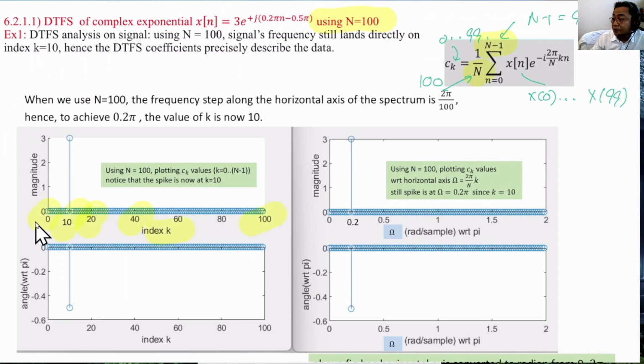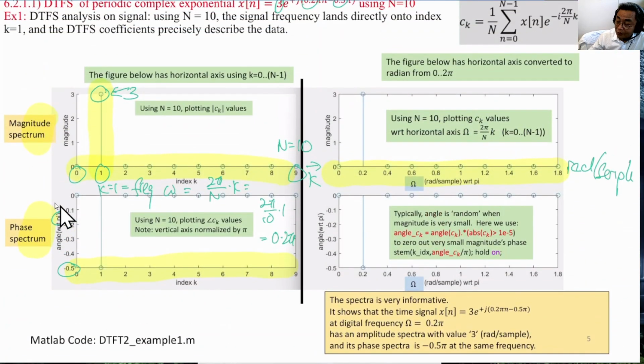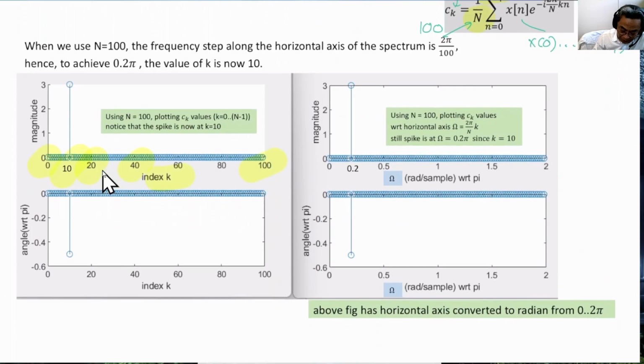Now you can see ck going from c0 to c10, 20, until 99. All right. Now, there's a difference. In the previous example, we saw that the spike happens at k equals 1. Now, the spike is happening at k equals 10. So what gives? Remember that this frequency is exactly 2 pi divided by N times k.